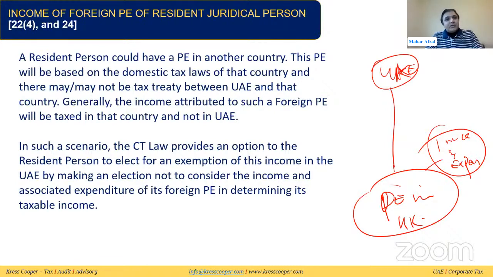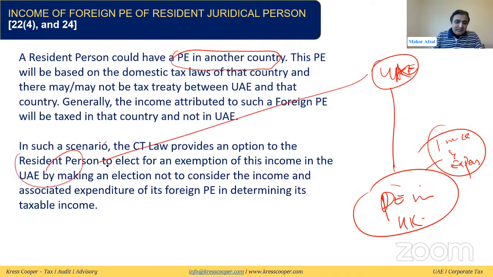This is the overall position. A resident person could have a PE in another country. This PE will be taxed based on the domestic tax law of that country, and there may not be a tax treaty between the UAE and the other country. The income attributed to such a foreign PE will be taxed in that country, not in the UAE. In such a scenario, the law provides an option to the resident person to elect for an exemption of this income in the UAE, by making an election not to consider the income and associated expenditure of a foreign PE in determining its taxable income.